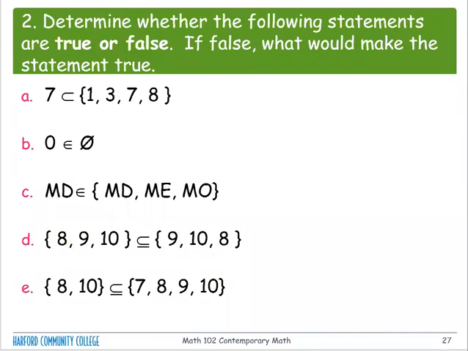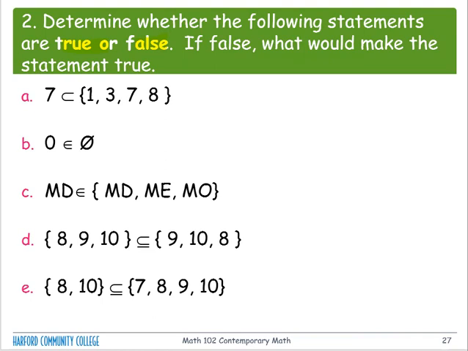Example 2. Determine whether the following statements are true or false. If false, what would make the statement true? For part A, we have the number 7 and the notation to represent the proper subset, and the right-hand side is a set.